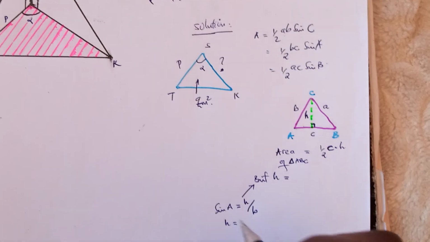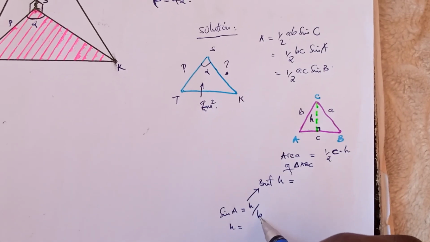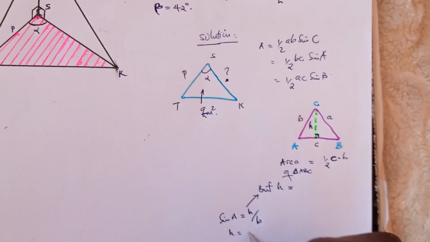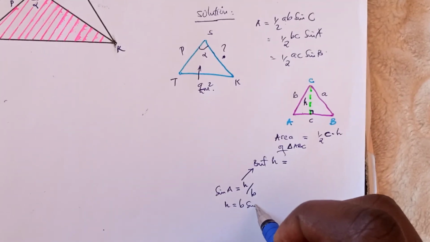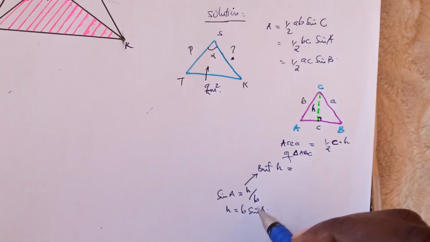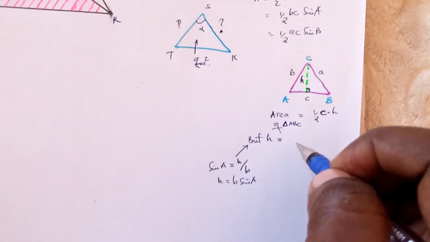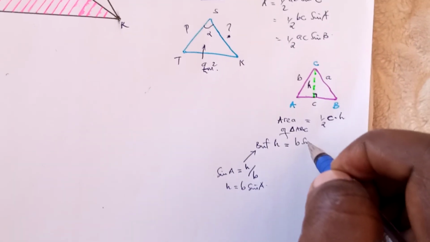Therefore, our h, if we cross multiply, the b multiplies with this. So we have h as b sine A. So we can put that here. H is b sine A.